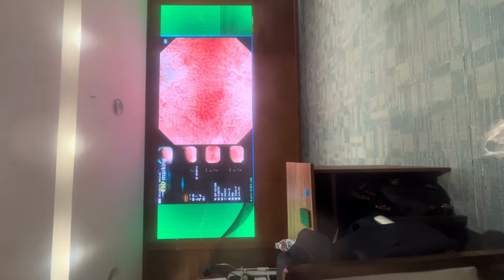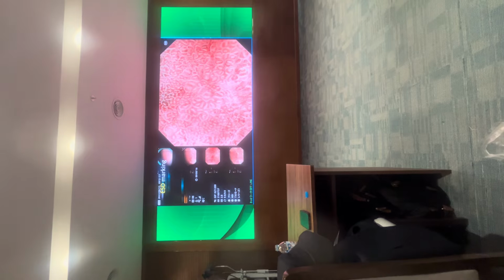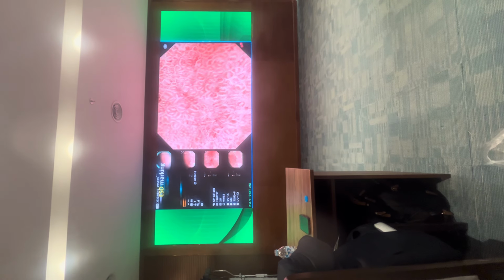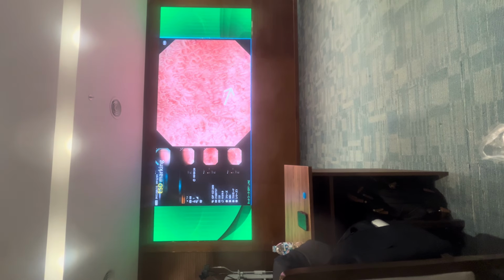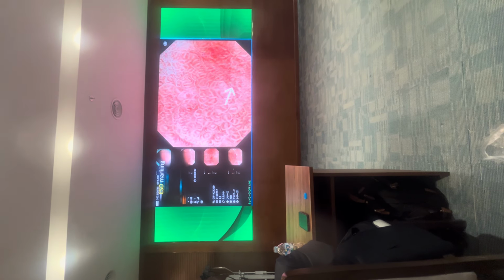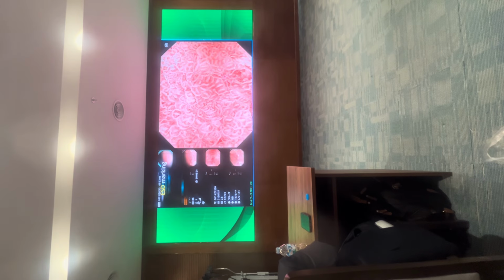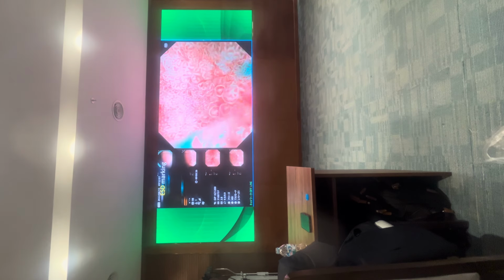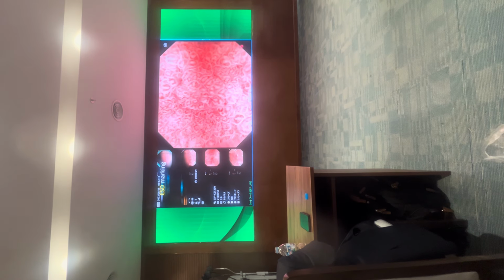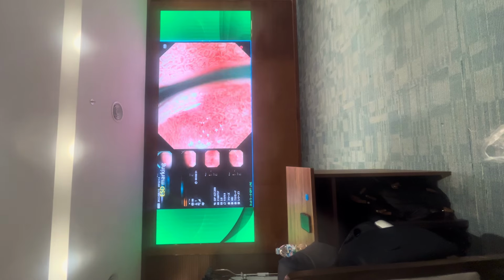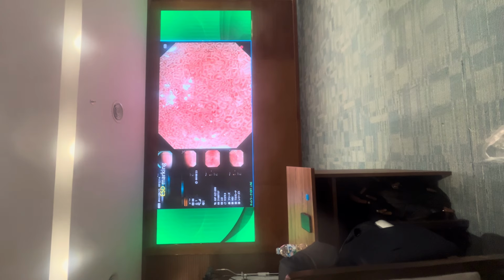This is microvascular. This is an irregular microvascular pattern. Here is the microvascular pattern, and here is the margin of this region, and I marked outside of the region.